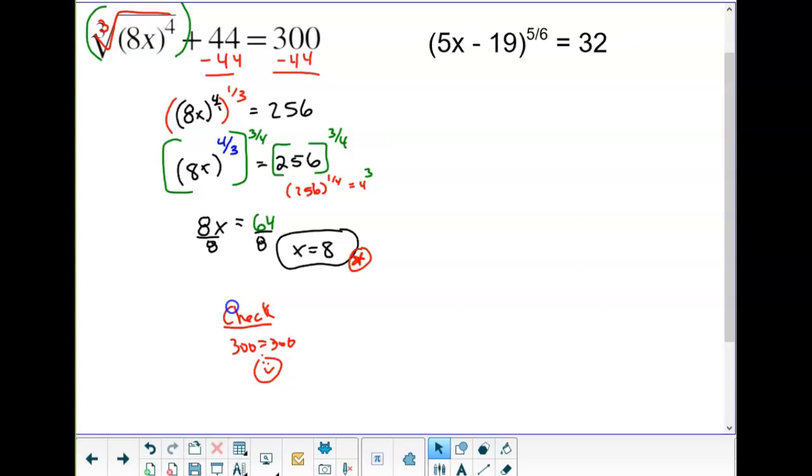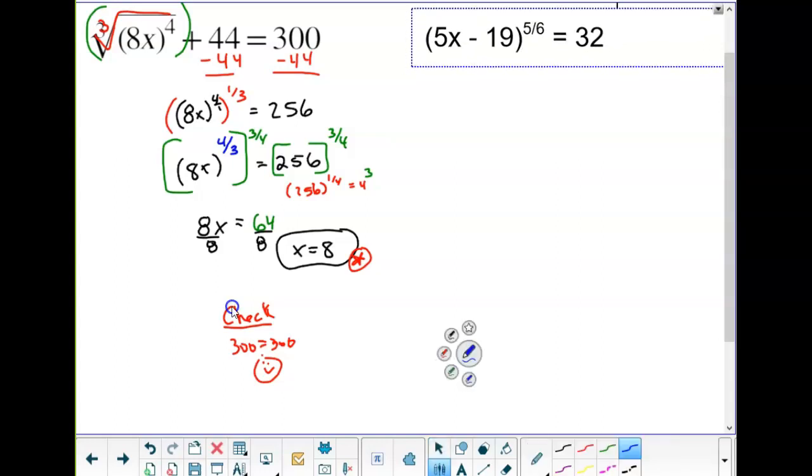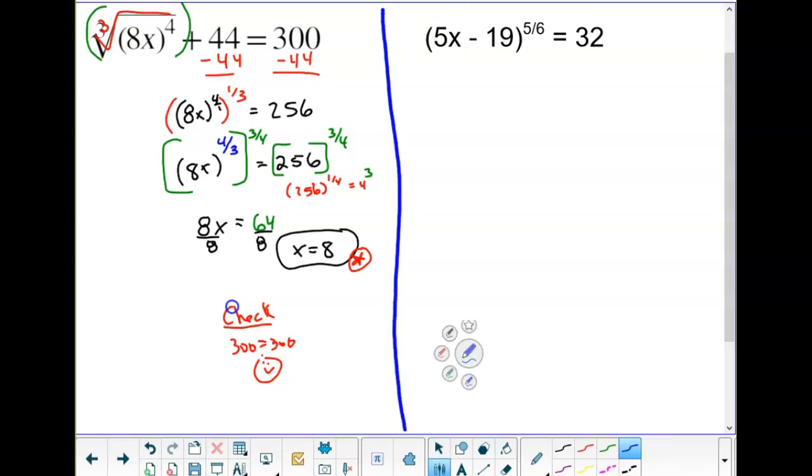All right, why don't you guys try this one? What would we do here?